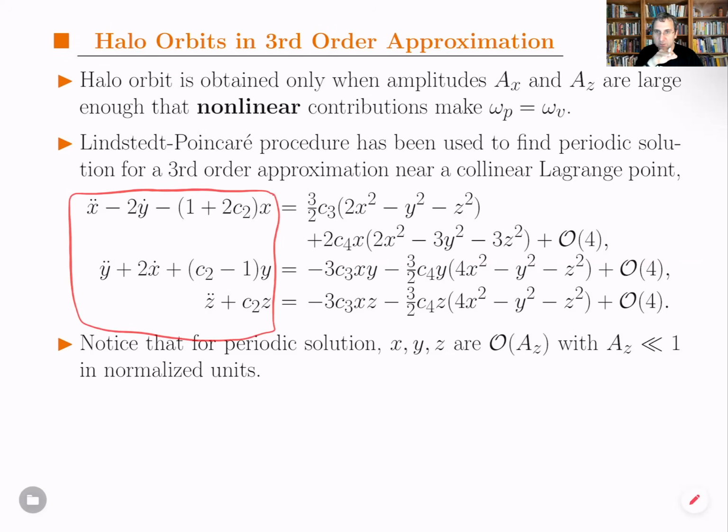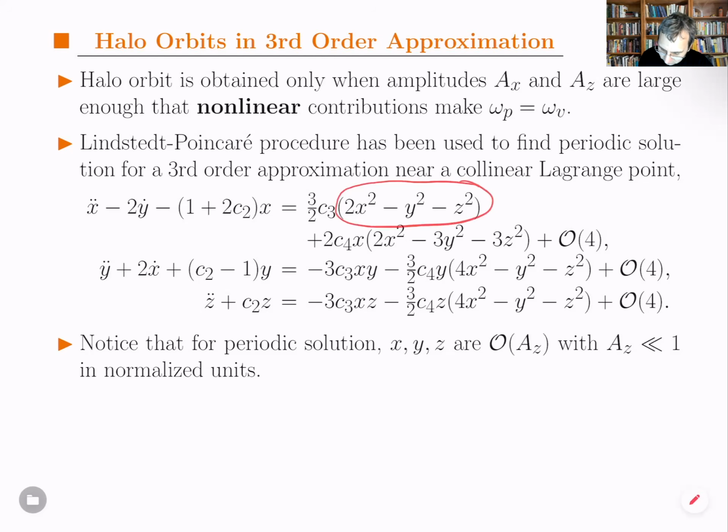So this would be the X, Y, and Z equation, the left-hand side. Now on the right-hand side, we're including those terms related to Legendre polynomials up through order 3. So these terms are all order 2. They're second order in those parameters X, Y, and Z.